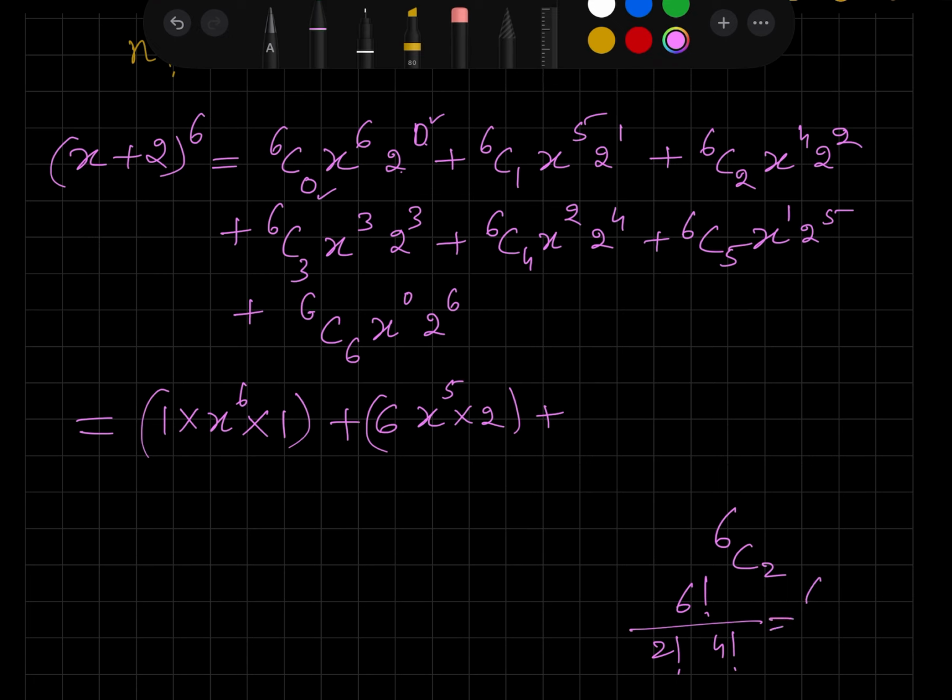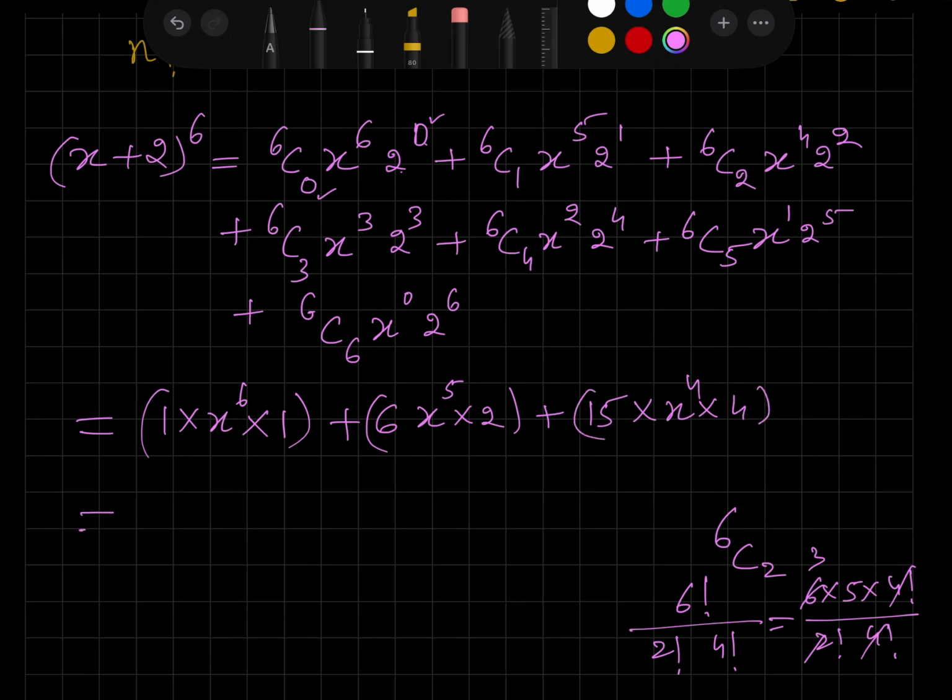It means 6 times 5 times 4 factorial over 2 factorial 4 factorial. This goes out. This will become 3. 3 times 5 is 15. So 15 times x raised to 4 times 2 square, which is 4. This is my third term.